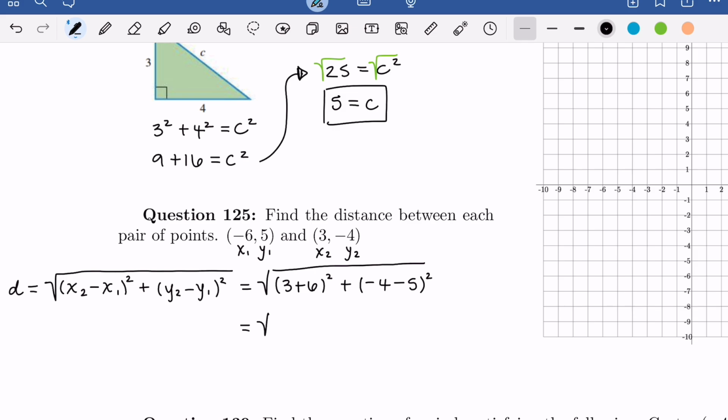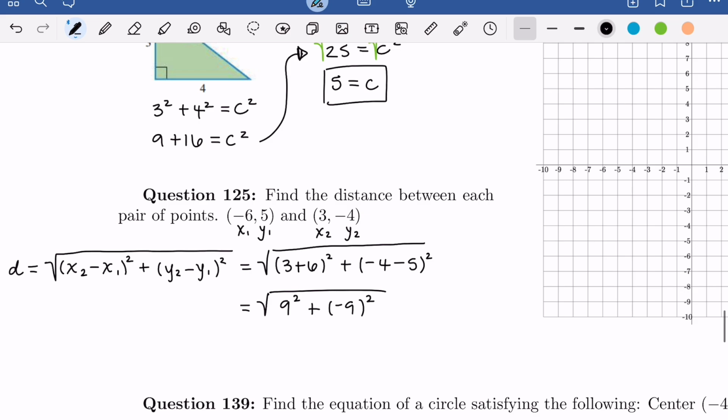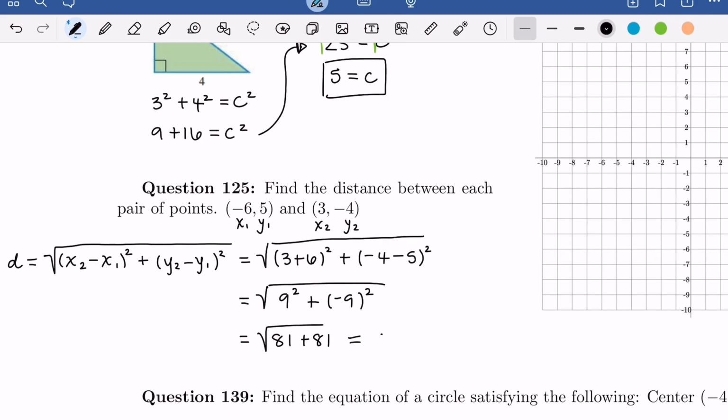We end up with 9 squared plus negative 9 squared. 9 squared gives us 81, and negative 9 squared also gives us a positive 81. So we have 81 plus 81 under our square root, which is the square root of 162. This would be our final answer for the distance between these two points.